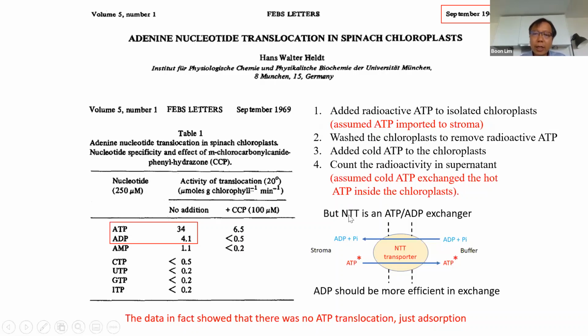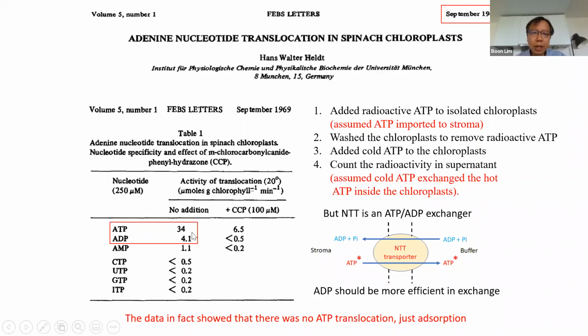However, NTT is actually an exchanger of ATP with ADP. If you look at his own data, he showed that addition of ATP gave 34%, while addition of ADP gave only 4.1%. But if the radioactive ATP had indeed gotten into the stroma, then addition of ADP should be more efficient than ATP. But this was not the case.